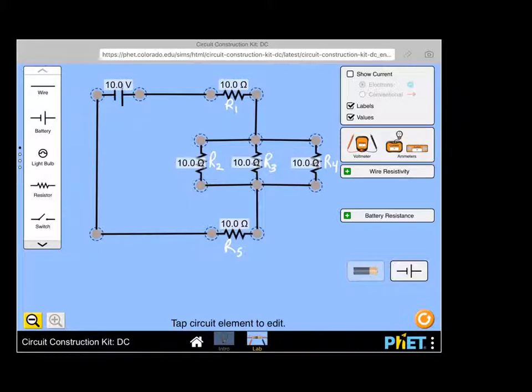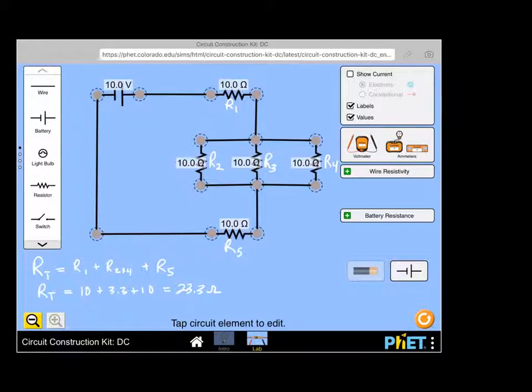This network boils down to 3.3, so total resistance will be R1 plus R234 plus R5. And that means total resistance will be 10 plus 3.3 plus 10, or 23.3 ohms. That'll be the total resistance in the circuit.